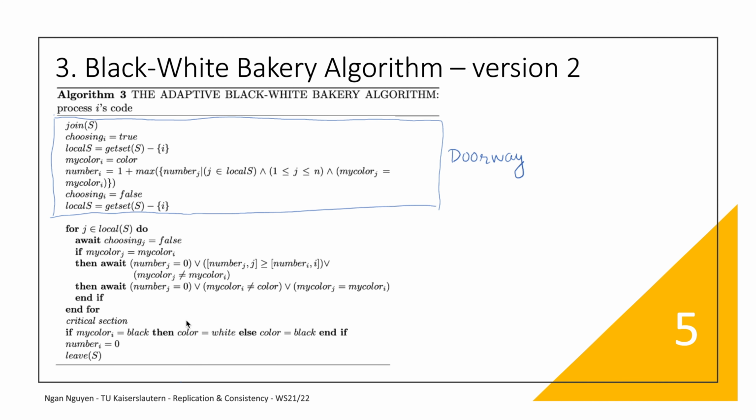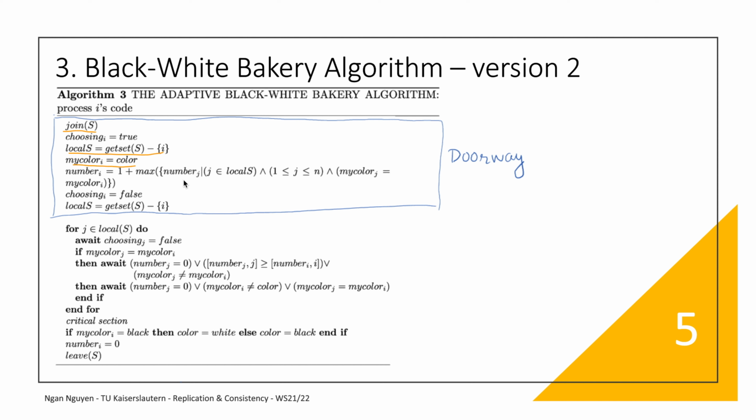If process i wants to access the critical section, it must get through the doorway. In the doorway, first we add process i into the active set S, and then set its choosing value to true. Then we read set S into the local memory of process i, and then set its ticket color the same as the color bit.